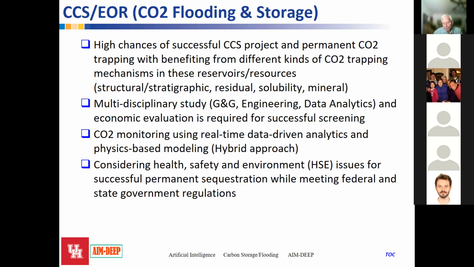So we can monitor the real-time CO2 injection and trapping by making use of different techniques, including analytical and also machine learning techniques. And also, we should always consider health, safety and environmental issues, to meet the standards of the federal government and the local government. This is our high priority as well.